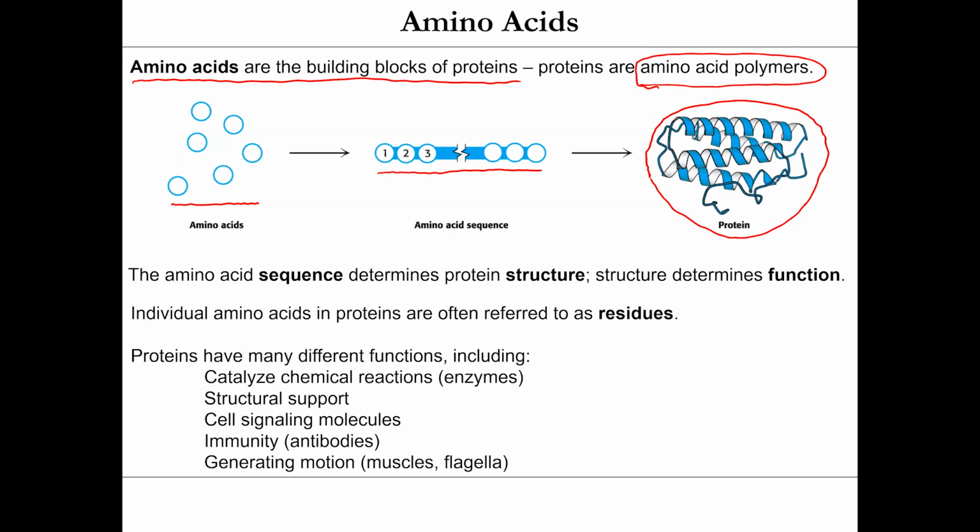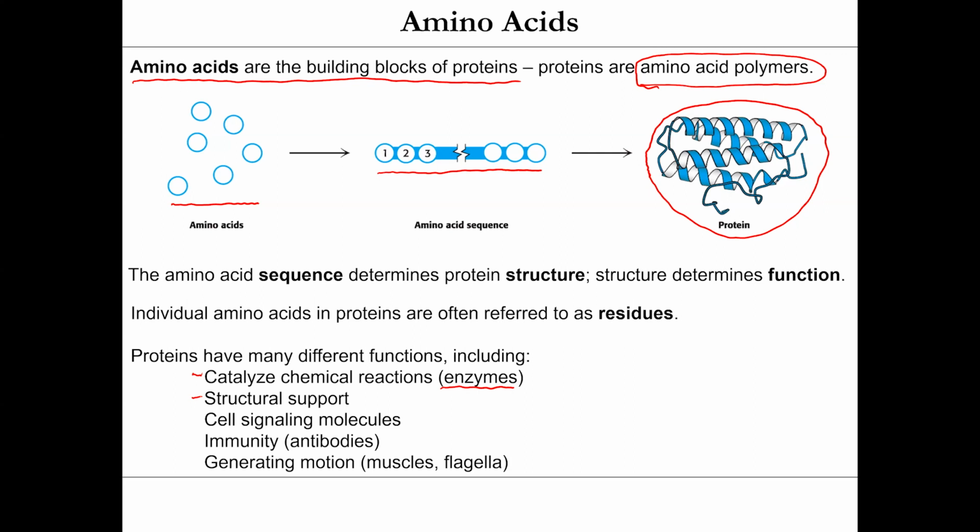The structure of the protein actually determines its function, and proteins have a lot of different functions in your body. Some proteins catalyze chemical reactions, so those proteins would be referred to as enzymes. Proteins can also provide structural support to both your body and just to cells in general.